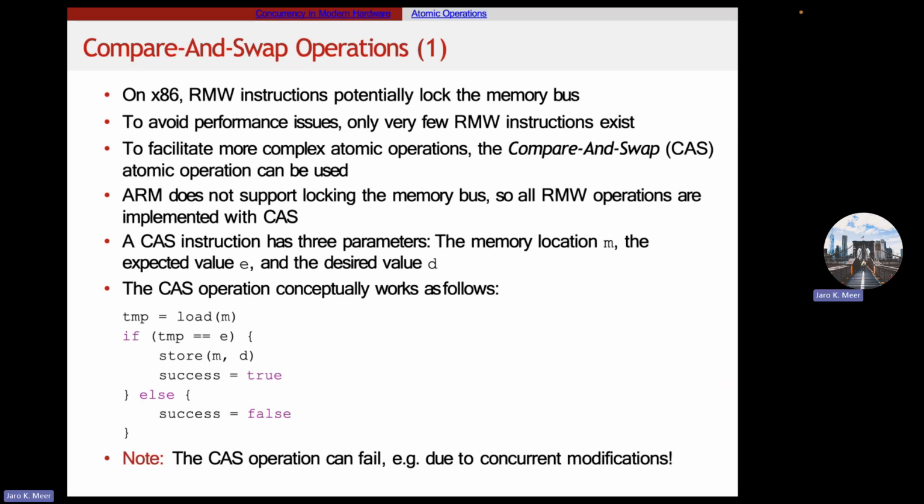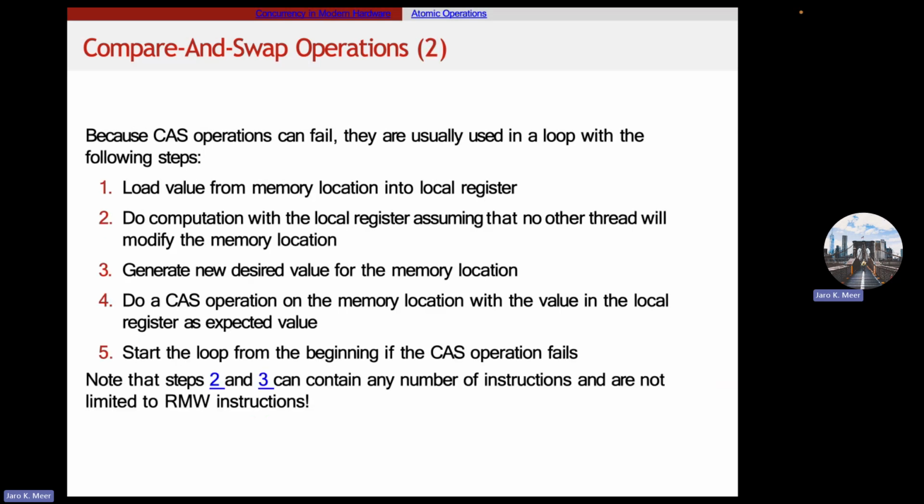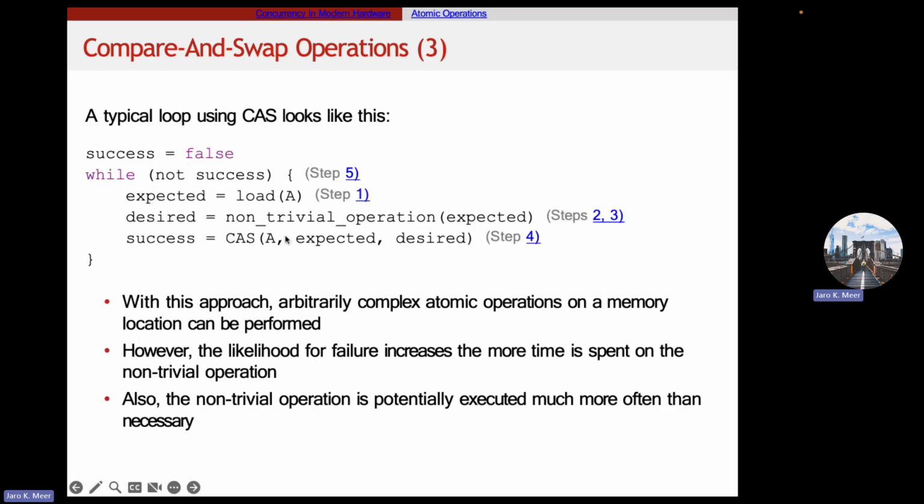Through compare and swap, you can see here conceptually the work I have done. Let's break it down into steps; here I have discussed it in further detail. Here you can see how it typically looks.